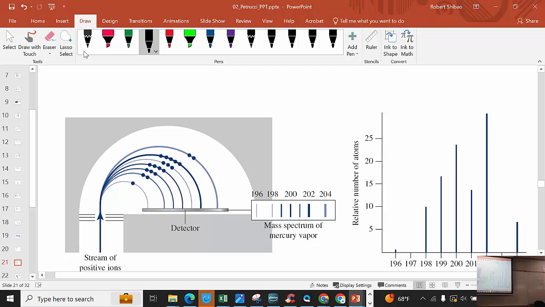Now, what's the standard for mass? The standard for mass used to be a chunk of platinum palladium metal that weighs exactly 1 kilogram, because the person who defined it said this piece of metal weighs exactly 1 kilogram, and therefore this is the standard.